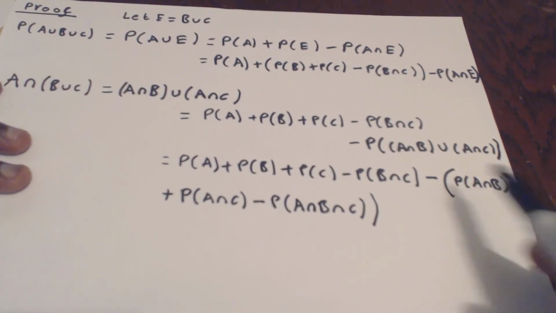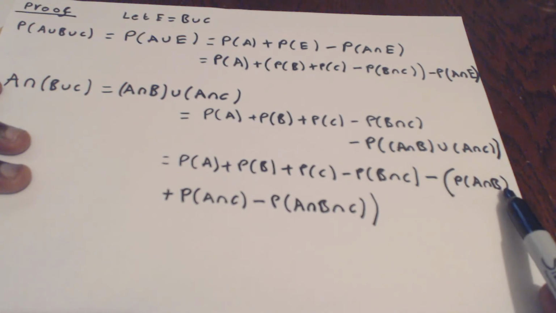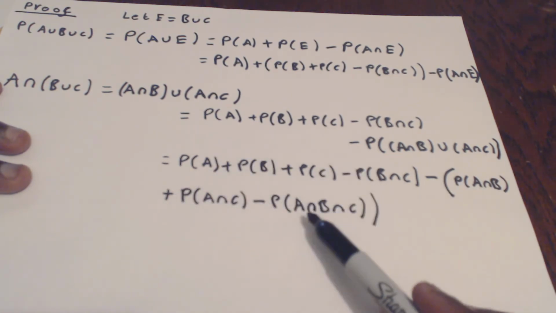Okay, so now we just need to expand the bracket by the minus. So this is going to be a minus, this is going to be a minus, and this is going to become a plus.